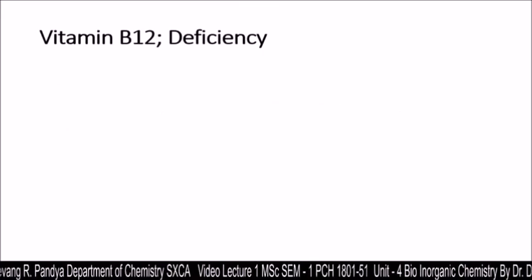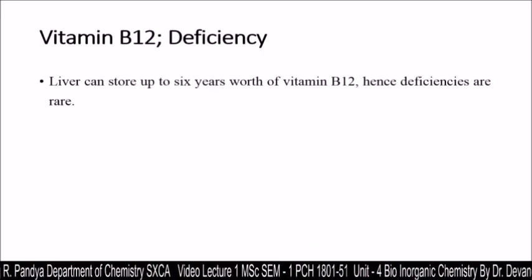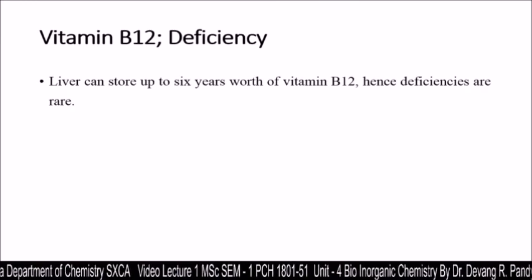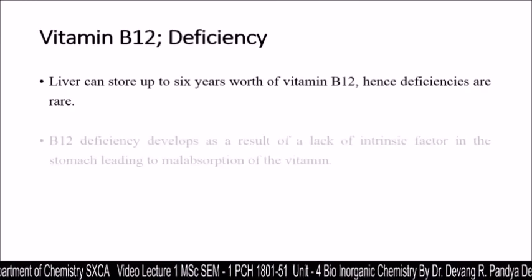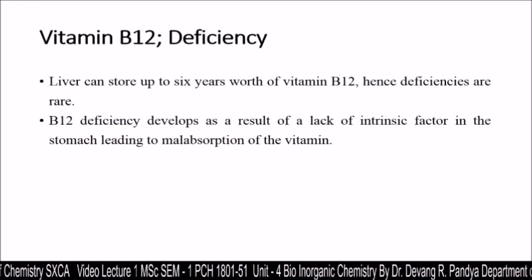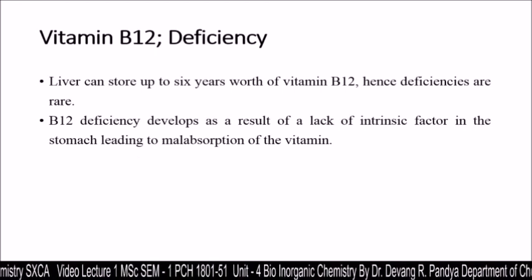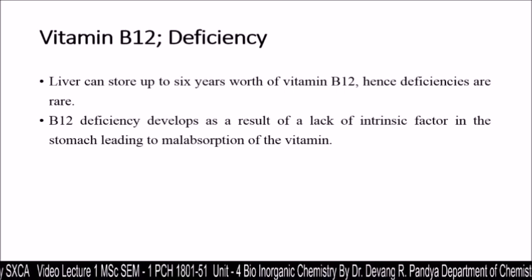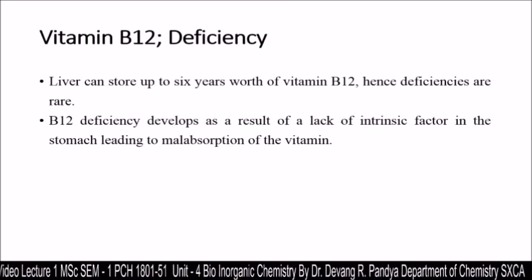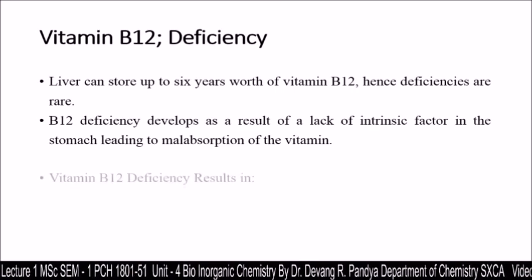Vitamin B12 deficiency. The liver can store up to 6 years worth of vitamin B12, hence deficiency is rare. Vitamin B12 deficiency develops as a result of a lack of intrinsic factor in the stomach, leading to malabsorption of the vitamin.